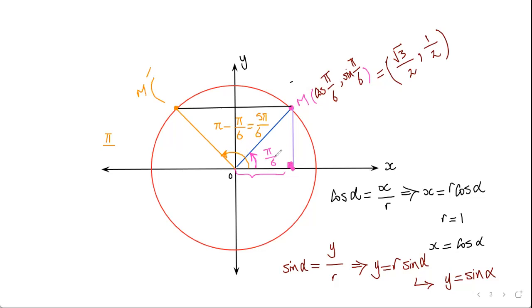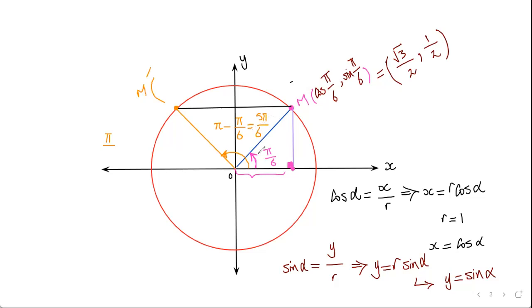You can also put 5 times 180, divided by 6. How much do you get? Anyhow, no worries, we focus on 5 times pi divided by 6.